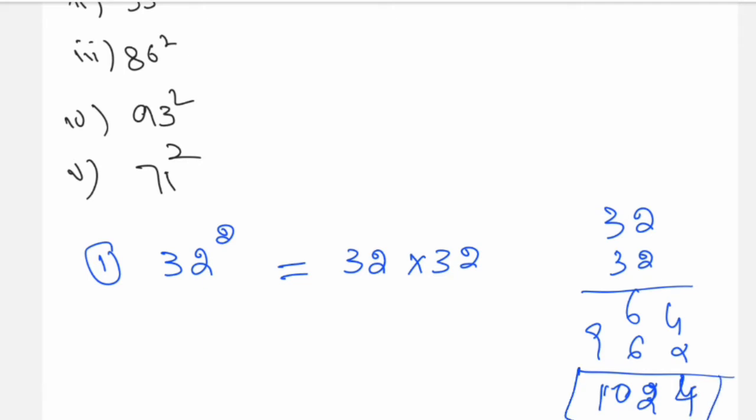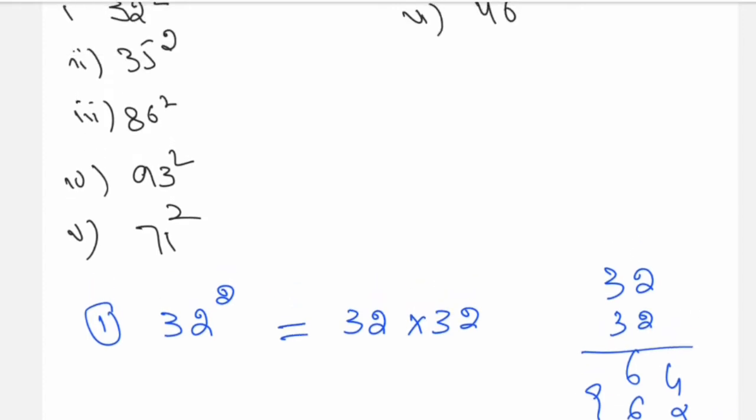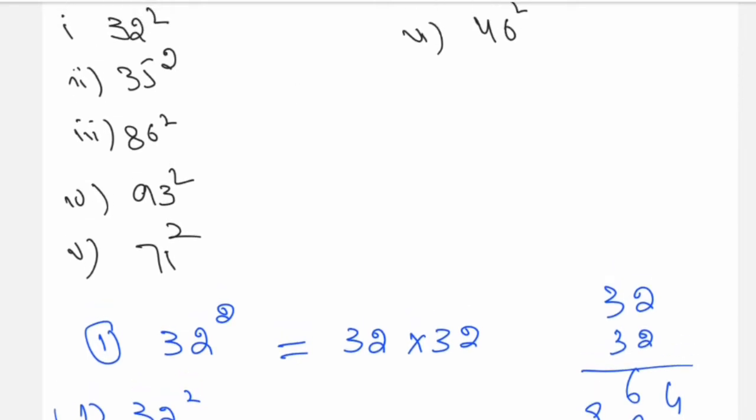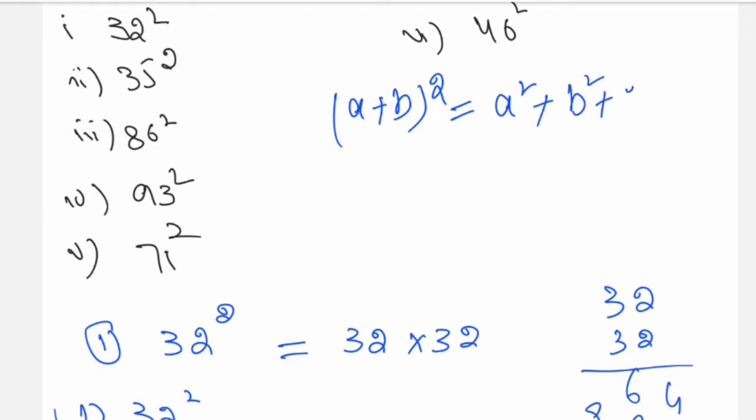But this is a little bit of a difficult method to solve this one. So in this question, we will go for a new and easier method. That one is 32 square. Our next method is, as we know from the square formula, (a plus b) whole square is equal to a square plus b square plus 2ab.